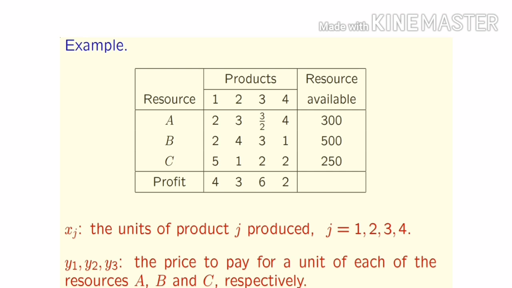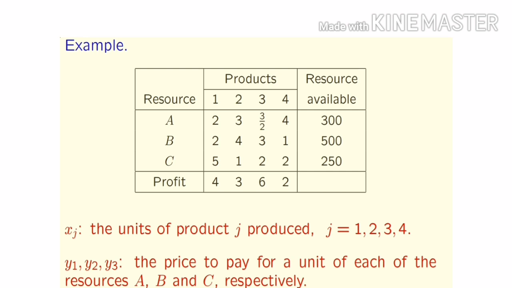For product 1 the total cost must be 2y1 plus 2y2 plus 5y3, and since the company wants to make a profit of rupees 4 from each unit of product 1, this total cost must be greater than or equal to 4, because even if some of the resources are available at 0 price, that is, either of y1, y2, y3 is 0, then 2y1 plus 2y2 plus 5y3 must be greater than or equal to 4, otherwise the profit of rupees 4 cannot be achieved by the company.